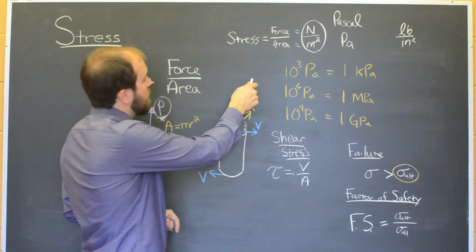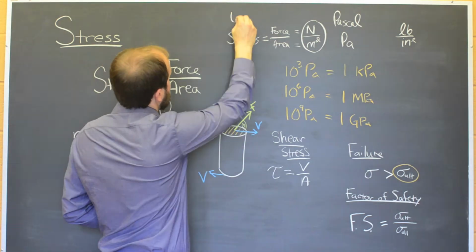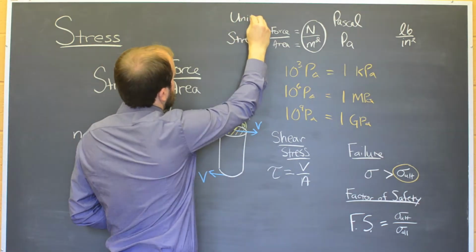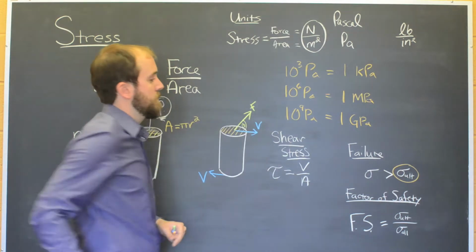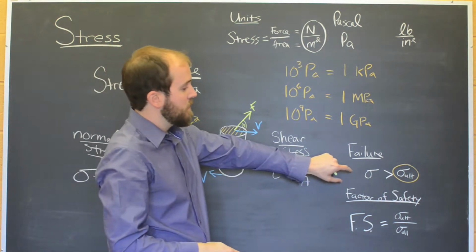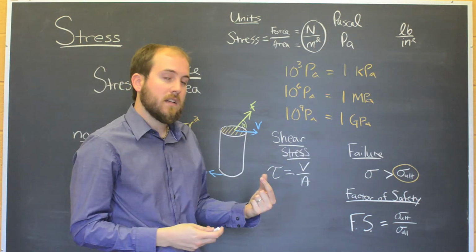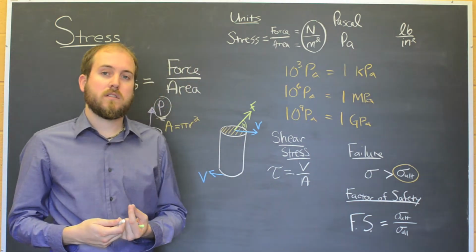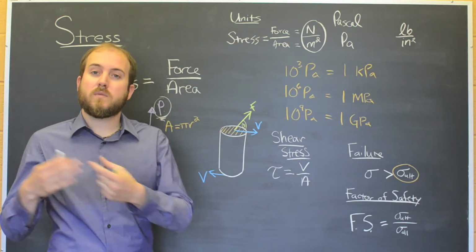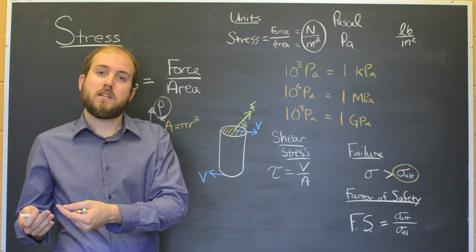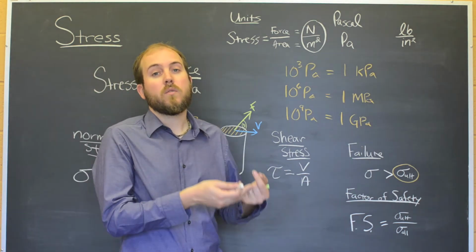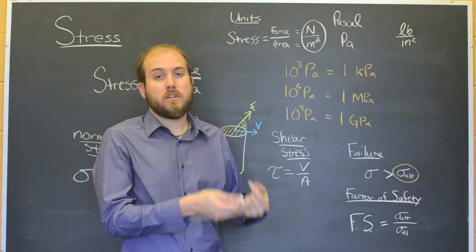We've denoted what the units of stress are. And we've described how these values of stress that we're calculating can be used to design structures by comparing the stresses we expect the structure to feel to the stresses that are allowable within the particular material that you're using.